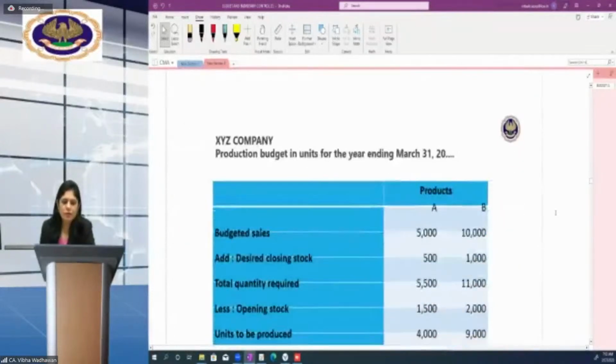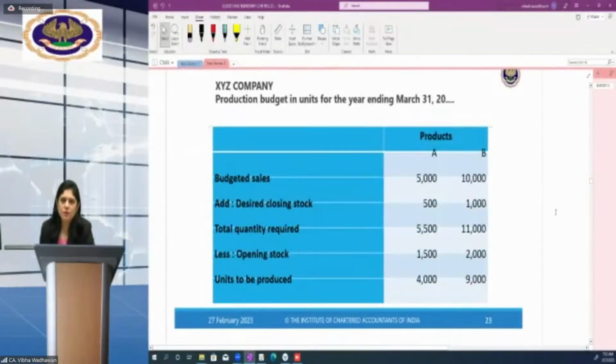This is the format of the production budget. You should take a note of this because we'll be doing questions. First step, budgeted sales, then desired closing stock, total quantity required, less opening stock, and units to be produced.